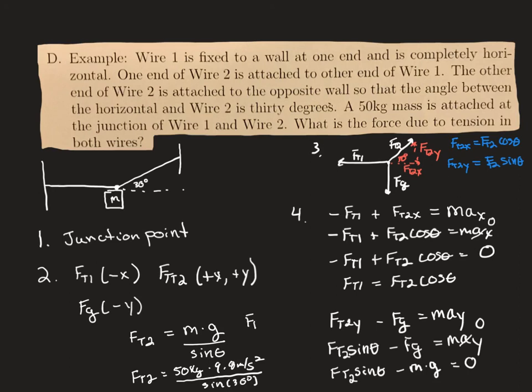So force of tension 2 is going to equal 980 newtons. I can then plug in up here and say force of tension 1 equals 980 newtons times the cosine of 30 degrees, and that is going to be 849 newtons.